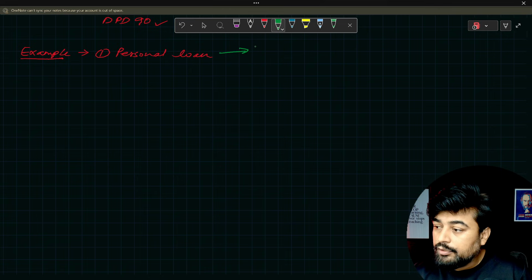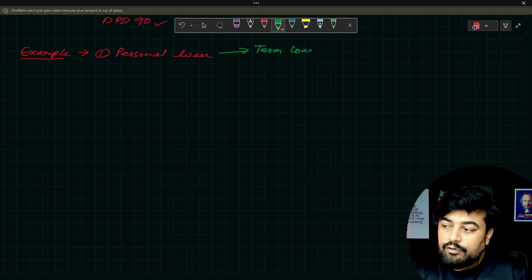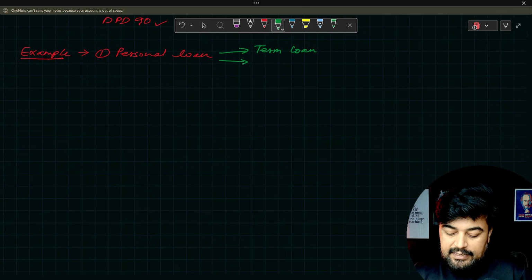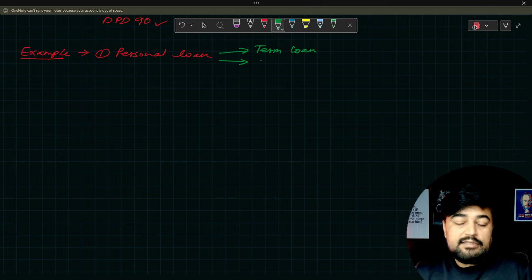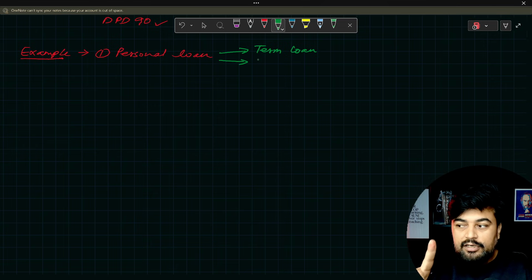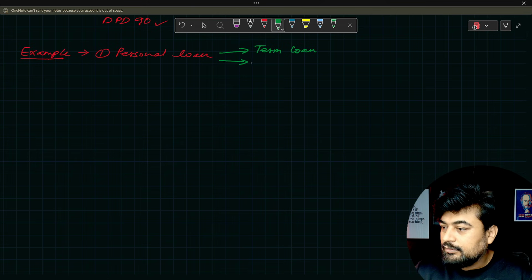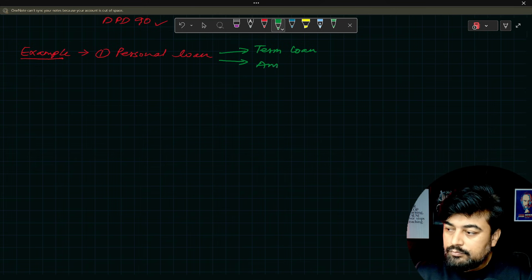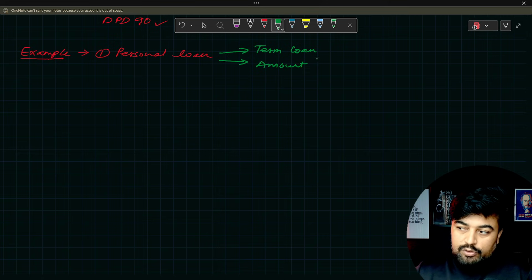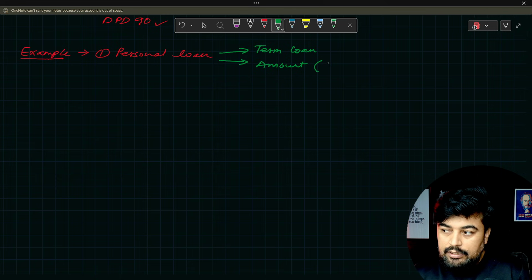One is your term, what is the duration of the loan? Second is, in any loan, term and what? Amount, which is your principal, which you have taken as a loan. This is an insecure product.